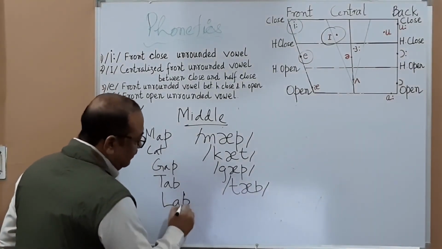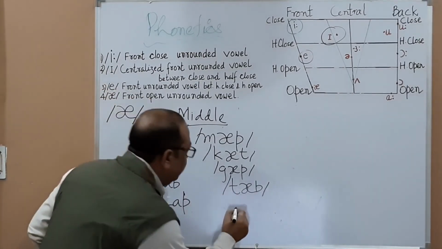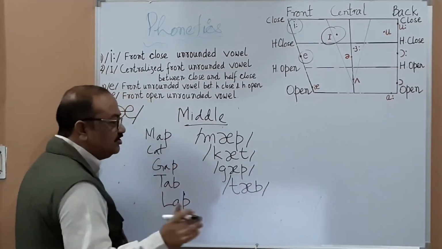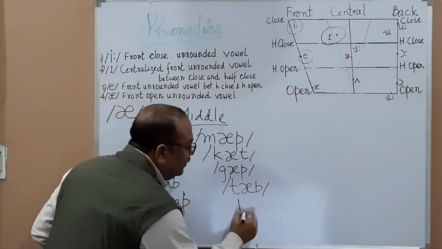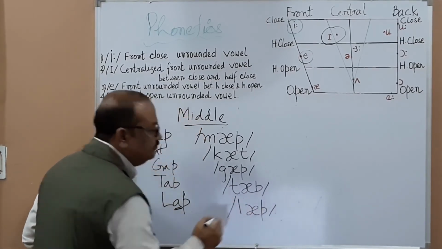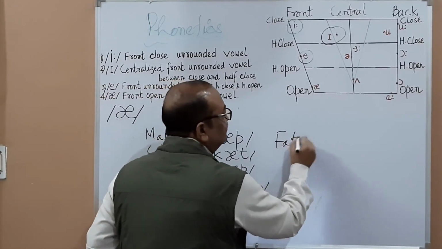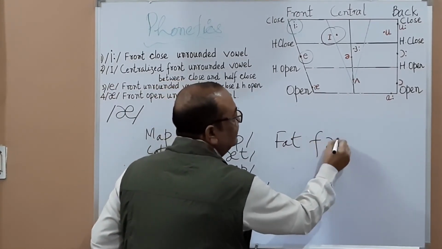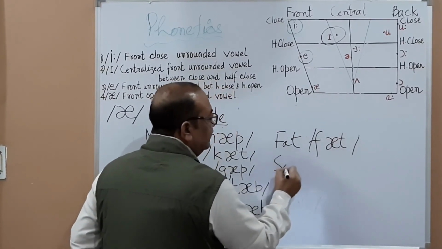Is this what you mean, lab? L-A-B lab? Yes, sir. Okay. Here that means you understood that this sound is occurring here in lab. And fat. Say fat. Sad. Very good. So you got it. Very nice.